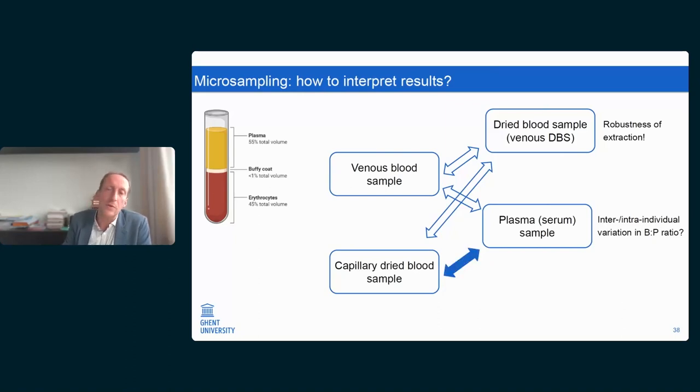And only then, if all of this has been evaluated, can you really make the comparison between a capillary dry blood sample and a plasma sample derived from a venous blood sample, and say whether you can really convert a dry blood sample concentration to a plasma concentration, whether you see a correlation, whether that correlation is good enough, yes or no.